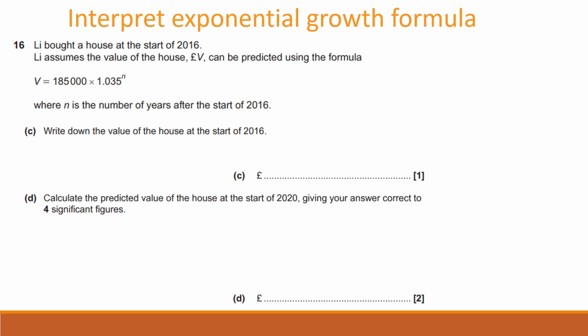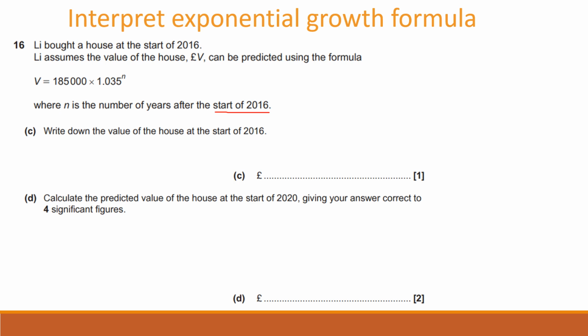Part C is still linked to this same formula, and we've now got to write down the value of the house at the start of 2016. And we're told that this formula works from 2016. So in the question it says where n is the number of years after the start of 2016. So this is our starting point, or our initial value.